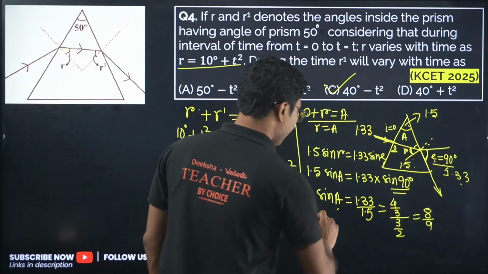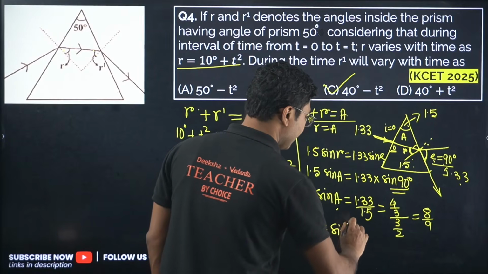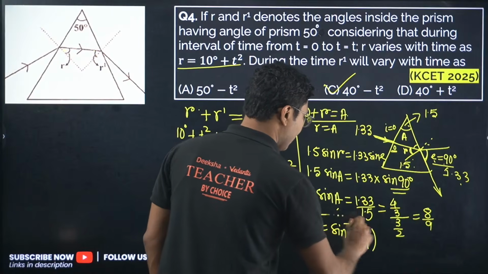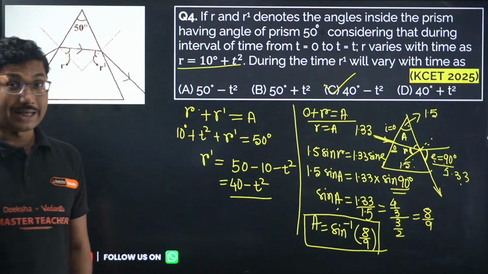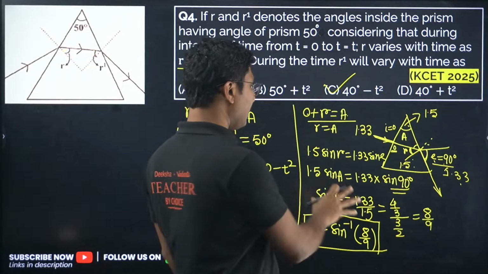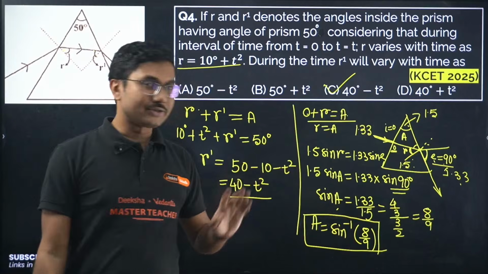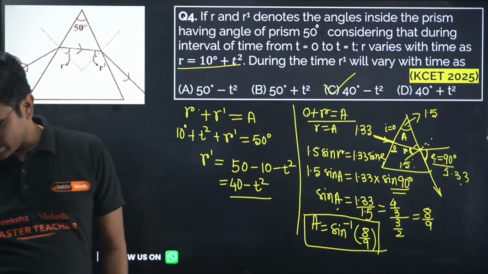From here we get the angle of the prism as sin inverse 8 upon 9. You are not allowed to use a calculator, so you have to leave your answer exactly at this value: sin inverse 8 by 9.